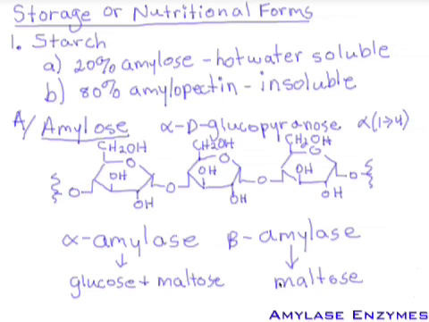So these two enzymes will cleave alpha 1,4 linkages. They will not cleave alpha 1,6 linkages. Okay? They cannot cleave that. Starch is digestible by man due to the presence of salivary amylase and pancreatic amylase in digestive secretions. And starch gets completely degraded to glucose.